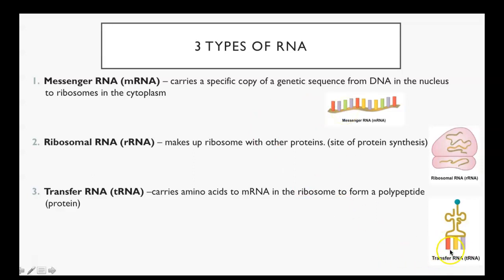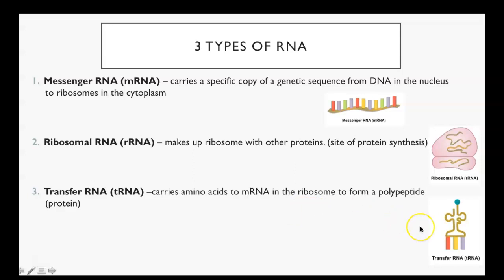And essentially what this tRNA is going to do is carry a very important amino acid to the ribosome, and it's going to drop it off using these base pairs, okay? So essentially what you need to know for transfer RNA is that it carries amino acids to the mRNA in the ribosome to begin to form a functional protein, okay? And we'll get into more of that, okay?